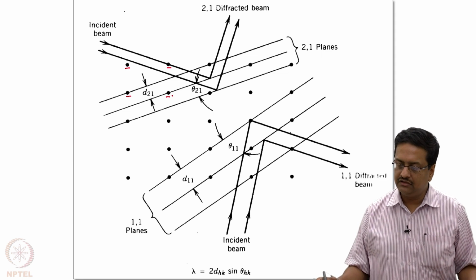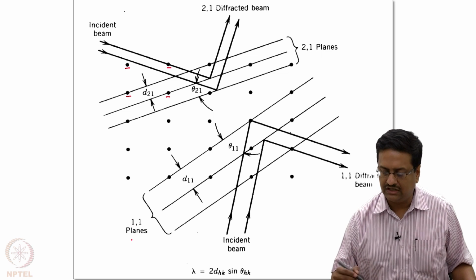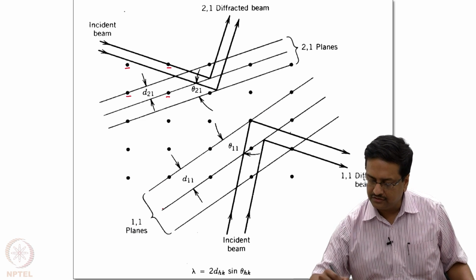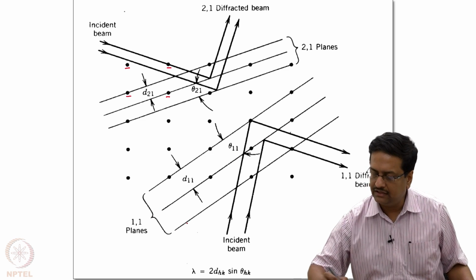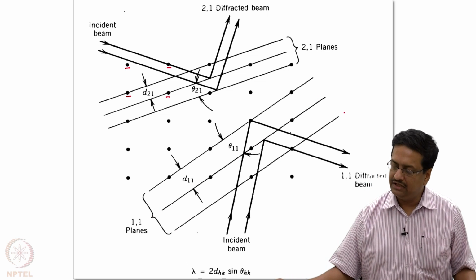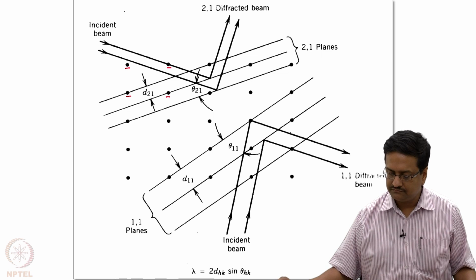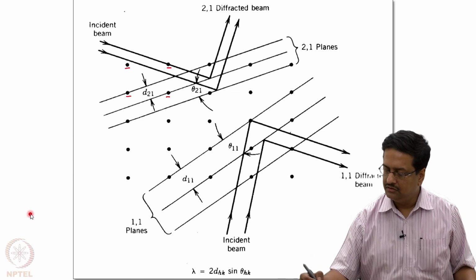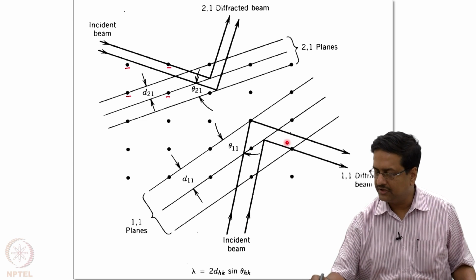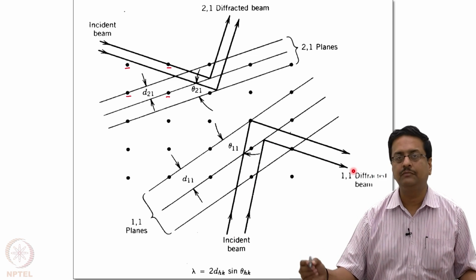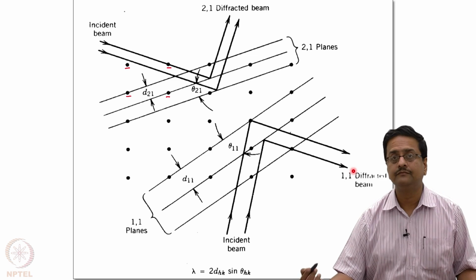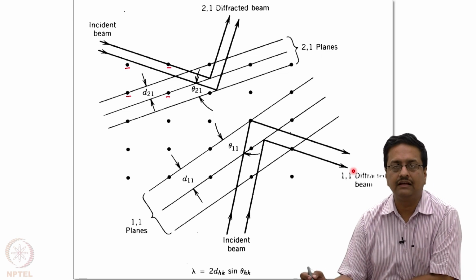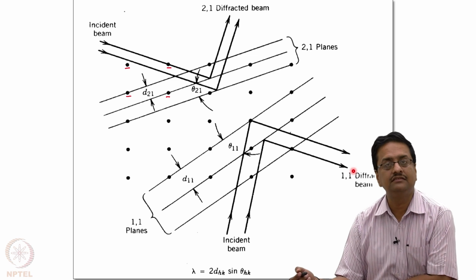Now if we draw a set of 1, 1 planes passing through the corners like that, these planes will always have their corresponding incident beam and coming out diffracted beam, and at some particular diffraction angle theta, it will give you X-ray diffraction from the 1, 1 set of planes.